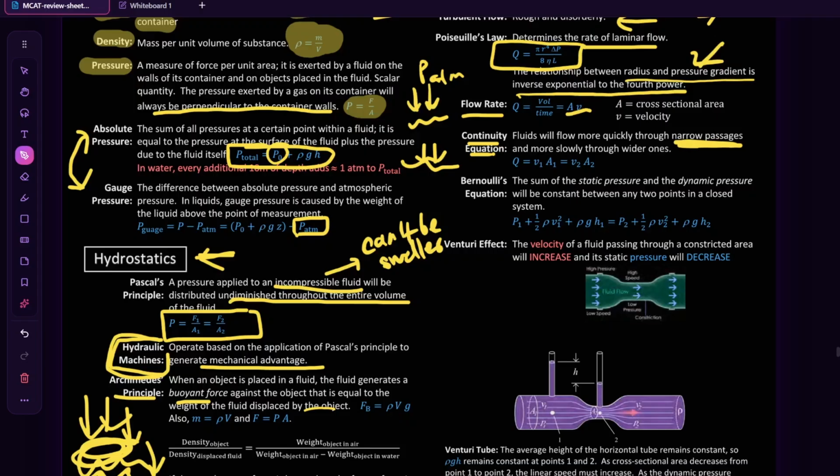Since the tube got narrower, the only way to keep the same volume of water moving out is to push more water out faster. So a narrow passage means very fast flow for the water or whatever liquid, and a wide passage will have a slow flow, and that's basically the continuity equation.